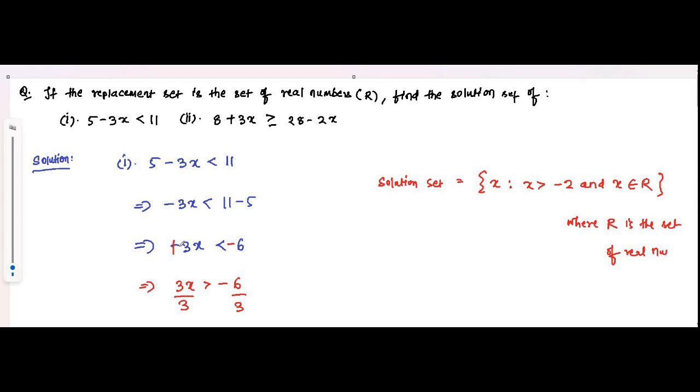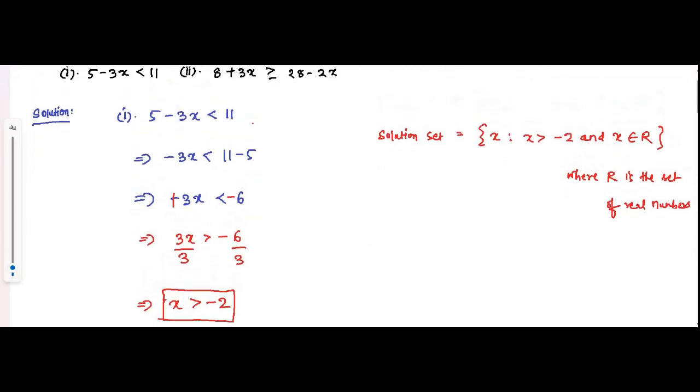Okay, so this is the representation of the solution set. Here, as the replacement set is the entire set of real numbers, it is very difficult to specifically mention everything, because all of the things come into play: rational, irrational, integers, whole numbers, everything. So it is very difficult to represent each distinct point separately, so we'll write it in this way.